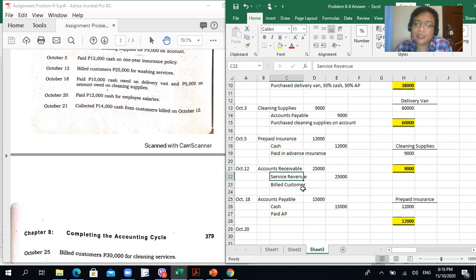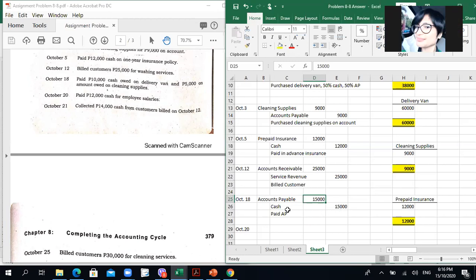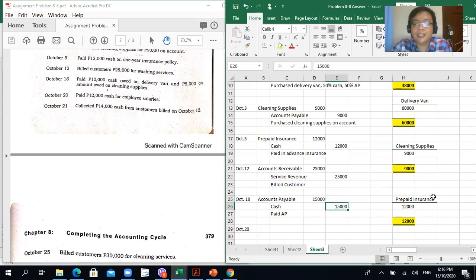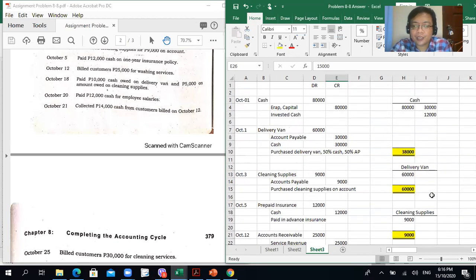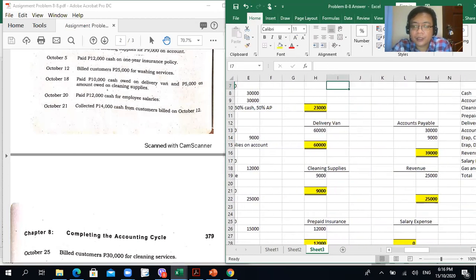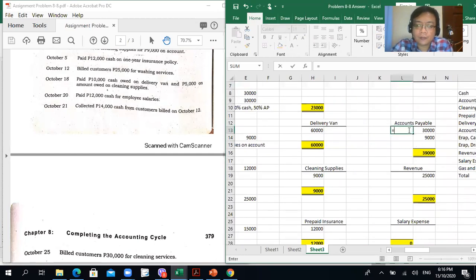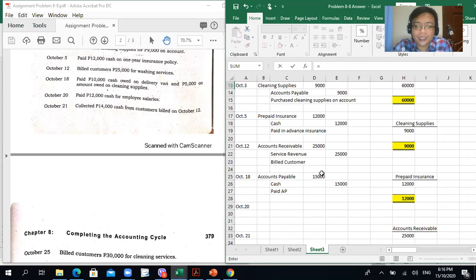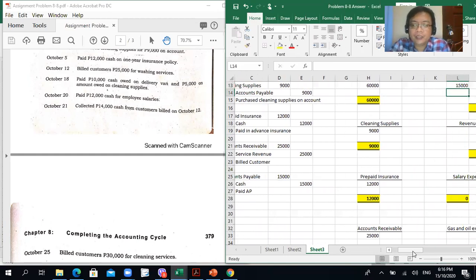If you decrease your liability, debit or credit? Debit. Very good, we debit accounts payable. How about cash? If you decrease an asset, debit or credit? Credit. So we credit cash. Very good. Sorry, I might forget to put that in, and then it won't balance later. The accounts payable is here. It's already formulated so I don't have a hard time.